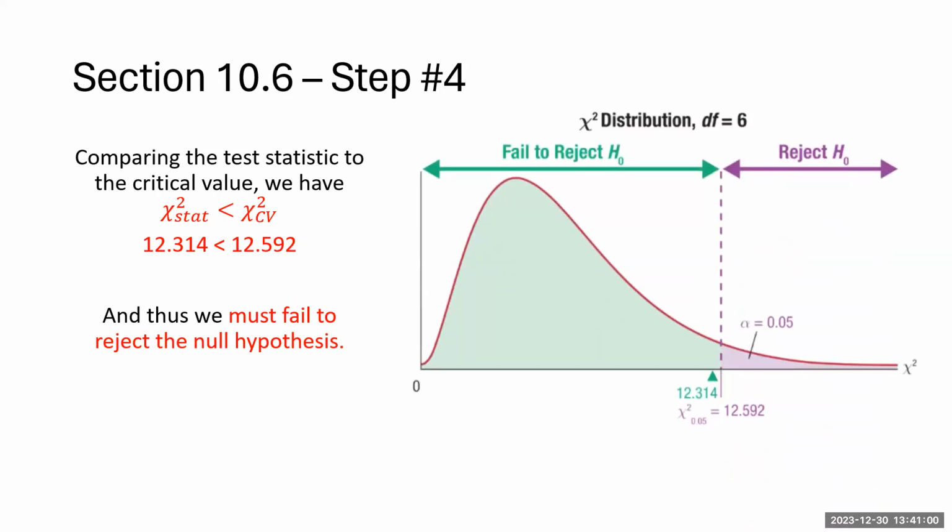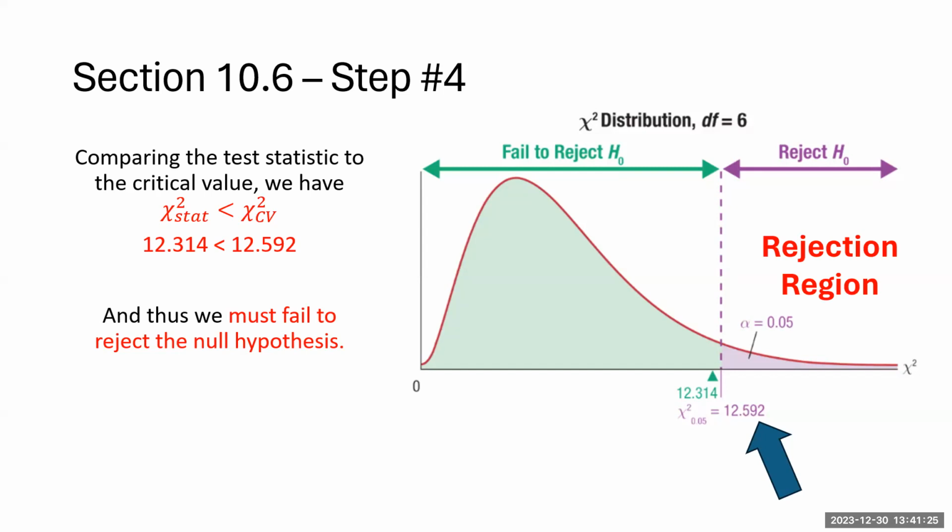Here is why. If you look at the picture at the right, you'll notice that we have 12.592 listed in purple. That is the value from the chart, and the values to the right of that define what we call a rejection region. I want my statistic to fall in there.